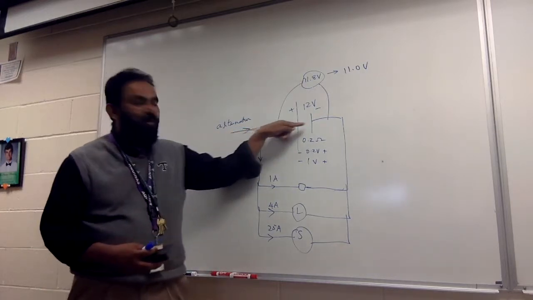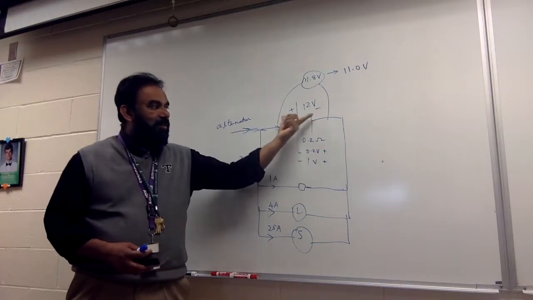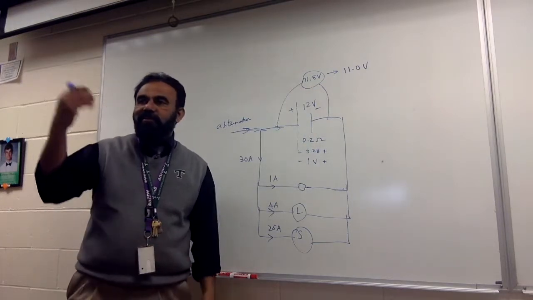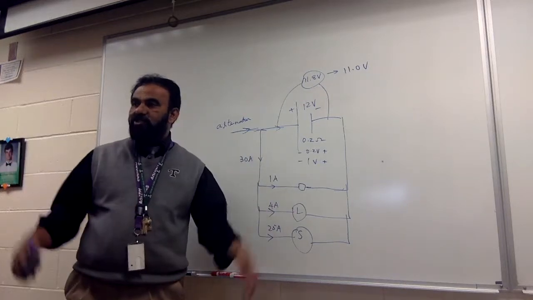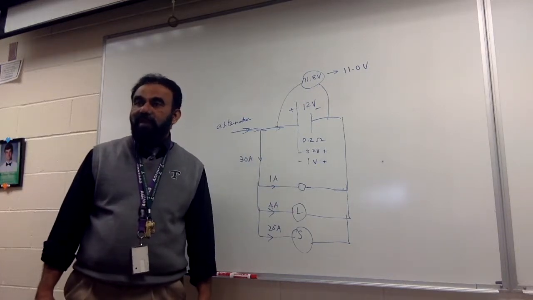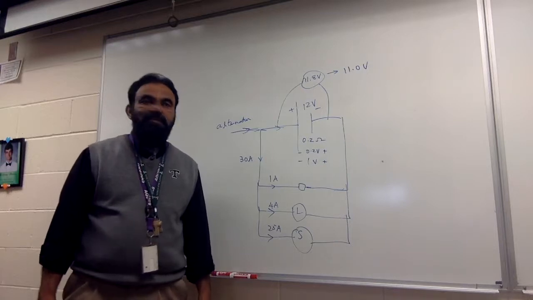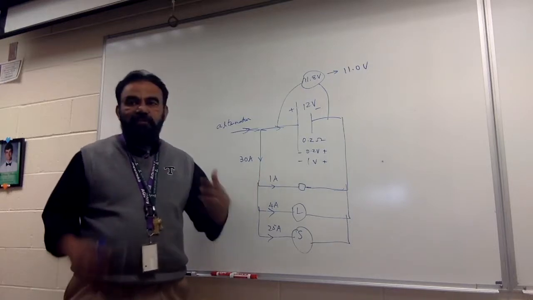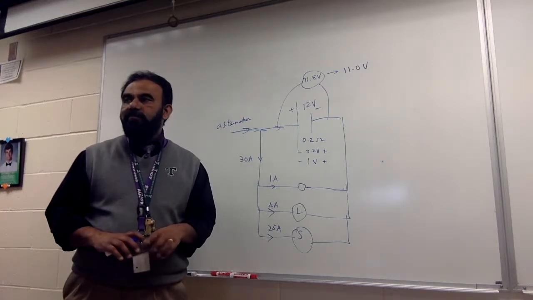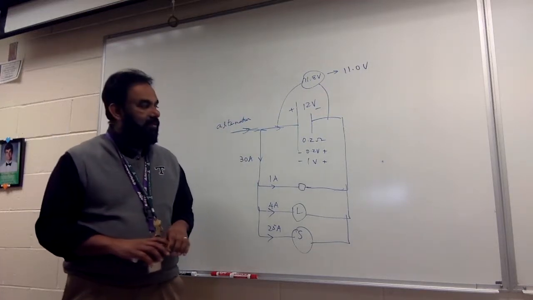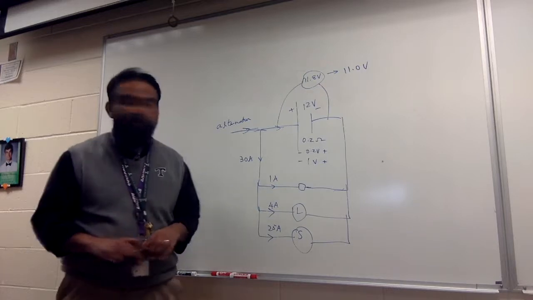Because the current is going inwards. Therefore, the terminal voltage is going to be like 13, 14 volts. And that means the headlights are getting that much, and that is the reason why everything turns brighter. Make sense? Okay.